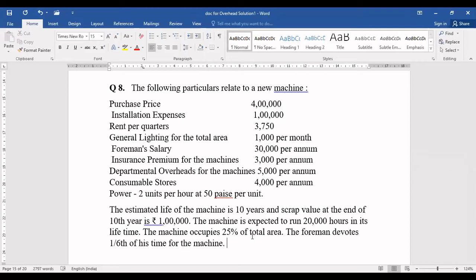The estimated life of the machine is 10 years and the scrap value at the end of the 10th year is rupees 1 lakh. The machine is expected to run 20,000 hours in its lifetime.